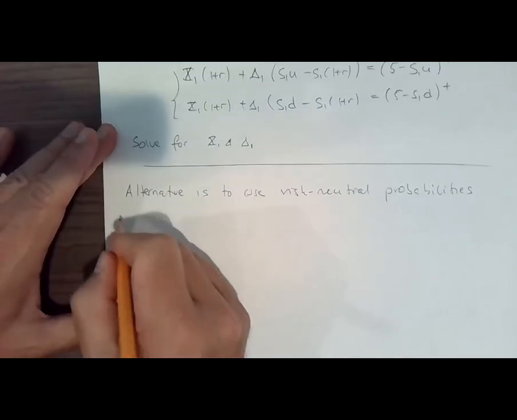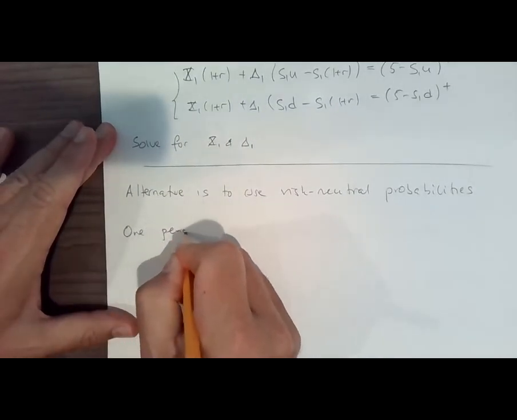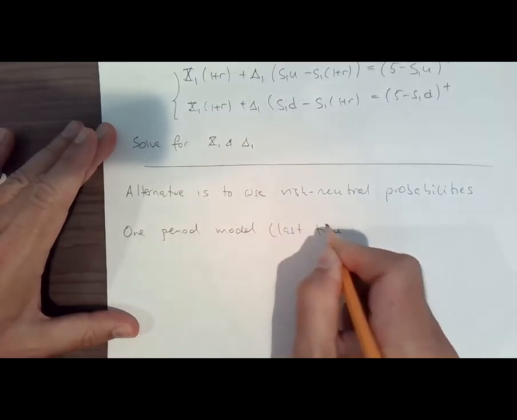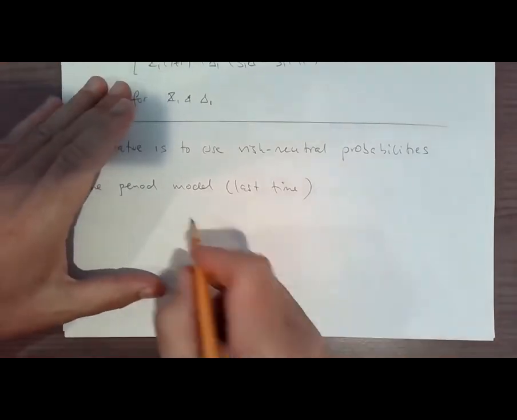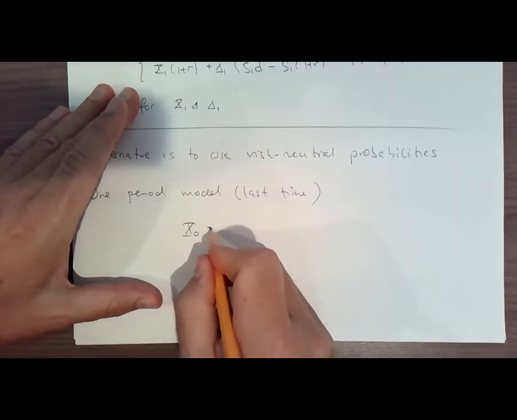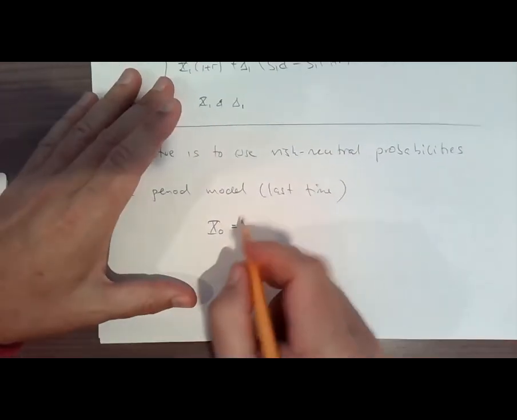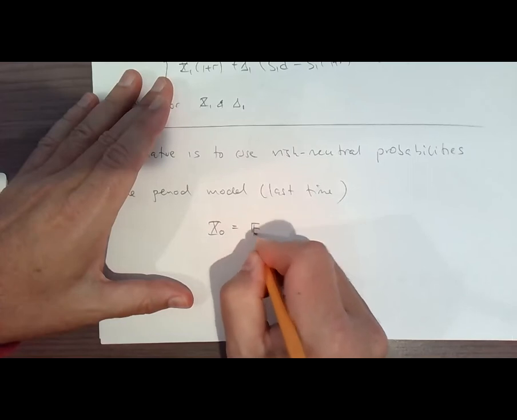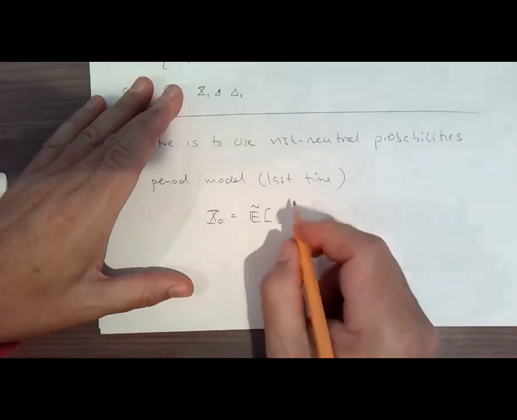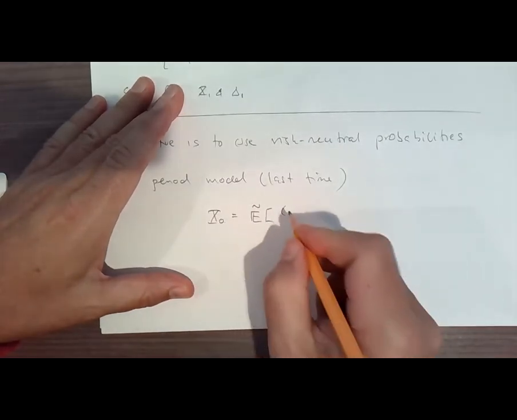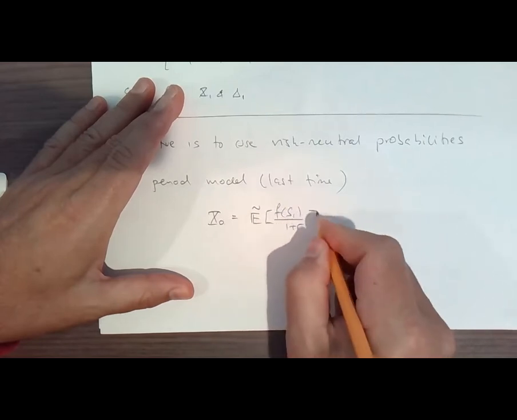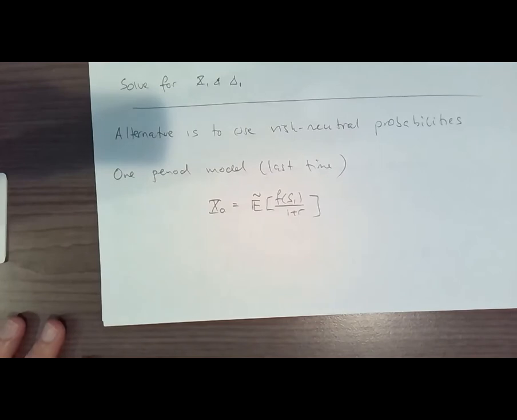Like in the one period model we saw last time, if you wanted to price a payoff, if you wanted to get X0, then the way you would do it is you would compute the conditional expectation, and then discount the payoff. So if the payoff was a function of S1, you would have to discount it by 1 plus R, and this would give you X1.